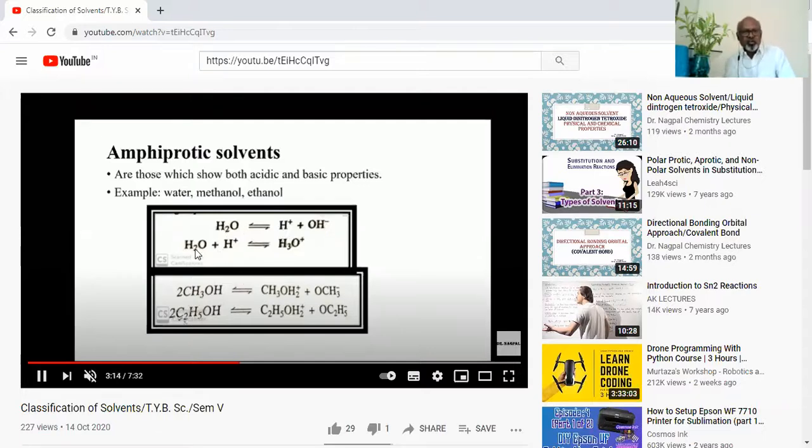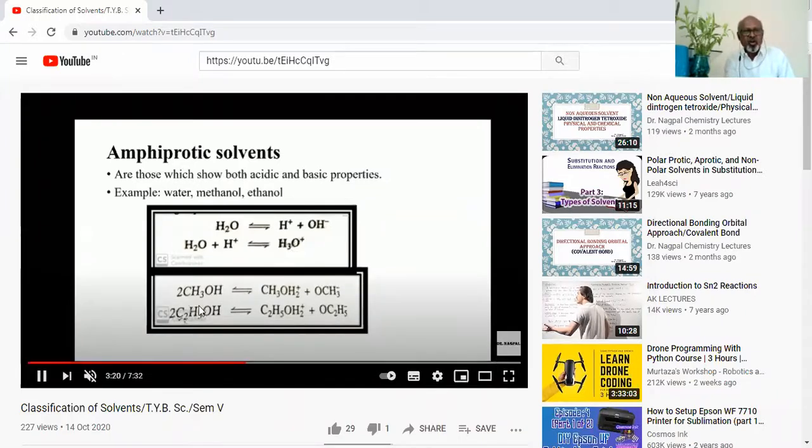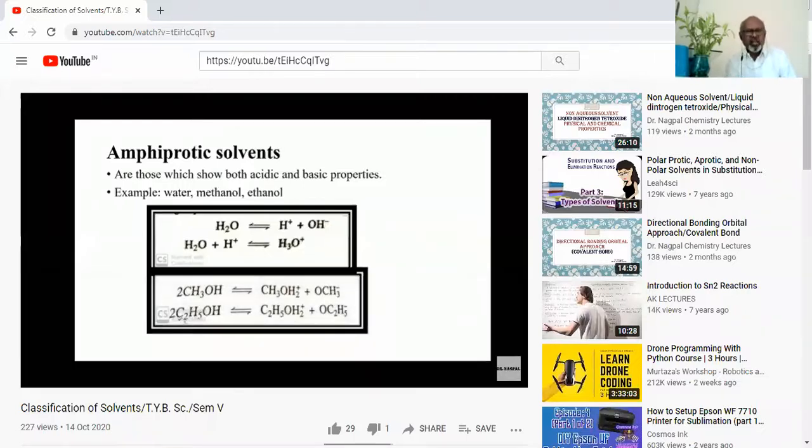So H2O plus H2O plus H plus, they can give a positively charged species, that is the hydronium ion or hydroxonium ion. Or two molecules of methyl alcohol can produce CH3OH2 plus and OCH3 minus. They also behave as an acid as well as a base.